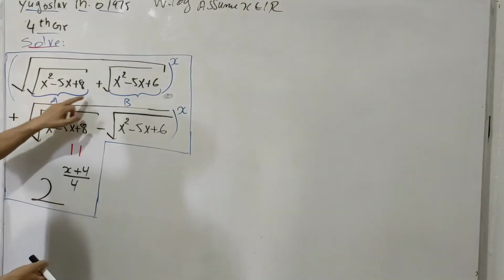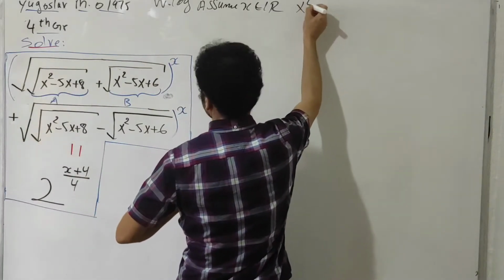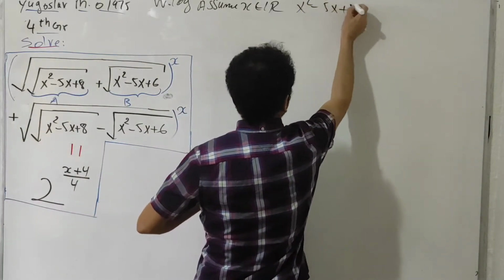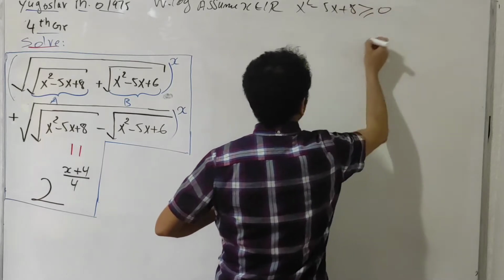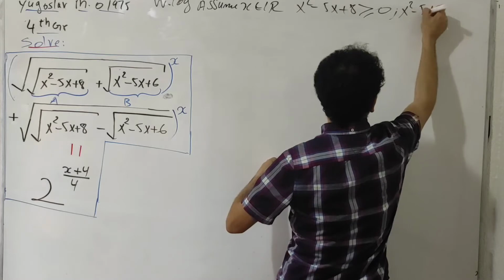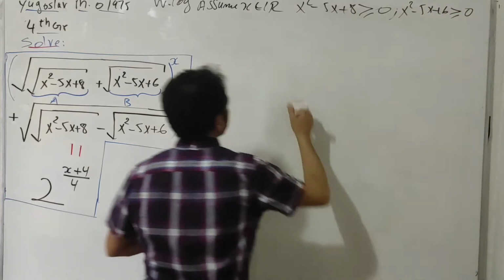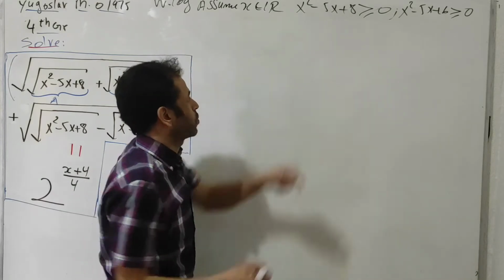We have to keep the inside of the square root non-negative. So x squared minus 5x plus 8 must be greater than or equal to 0, and also x squared minus 5x plus 6 must be greater than or equal to 0 as well. So I'm going to calculate the discriminant of the first one.